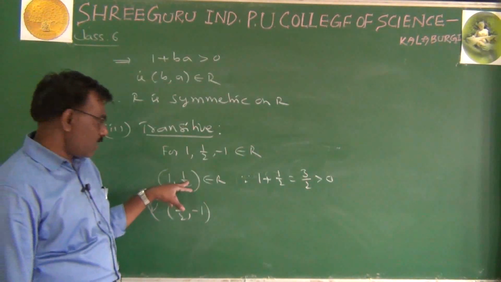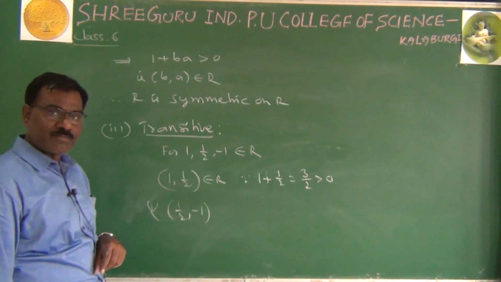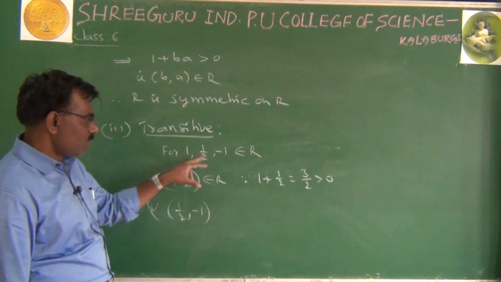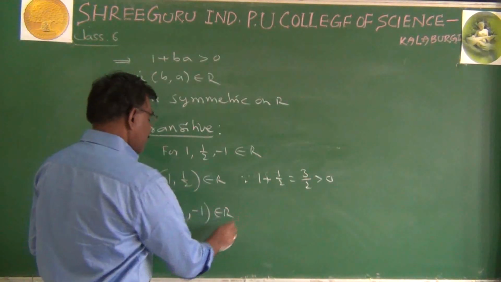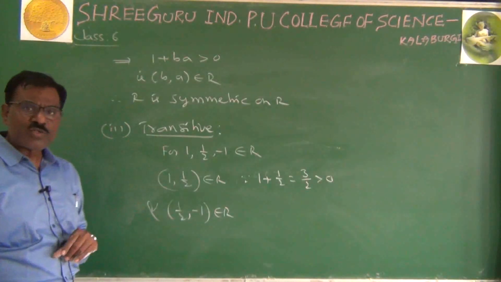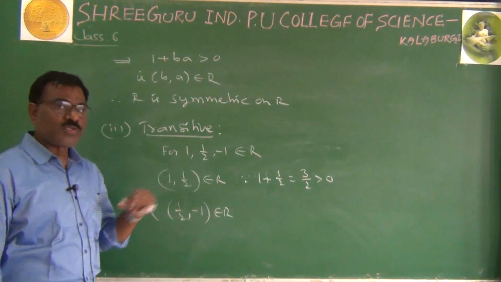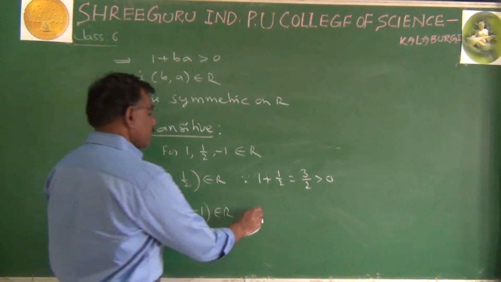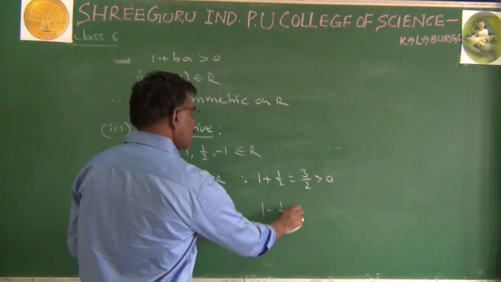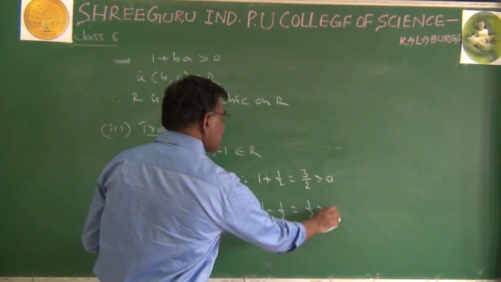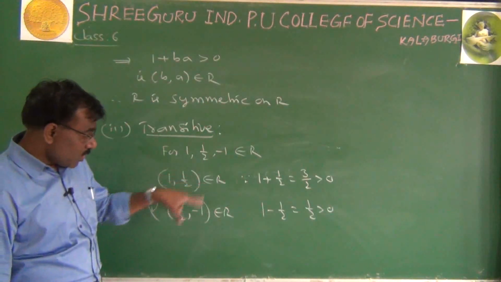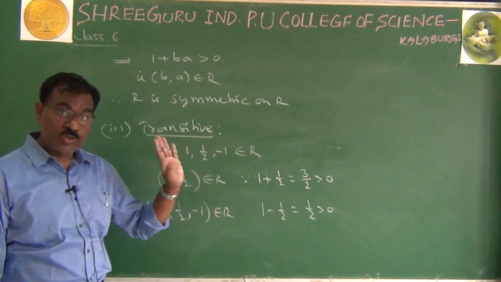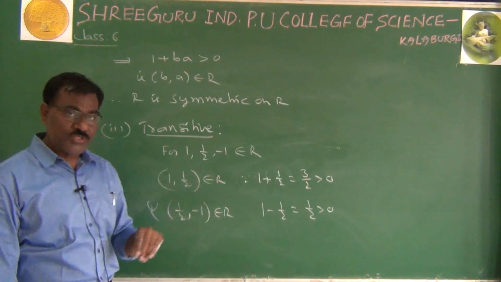(a, b), (b, c) belong to R. This also belongs to R, whether it is positive or not. So 1 minus 1 by 2 is 1 by 2. This is also positive. (1, 1 by 2) belongs to R, (1 by 2, minus 1) belongs to R. Both are positive.